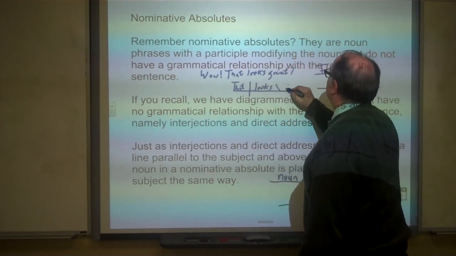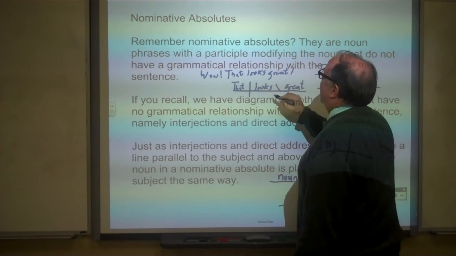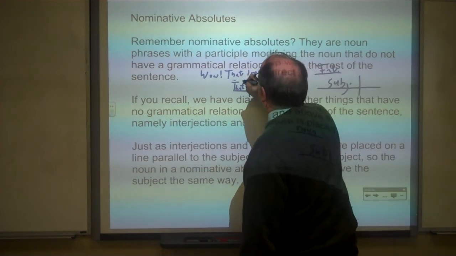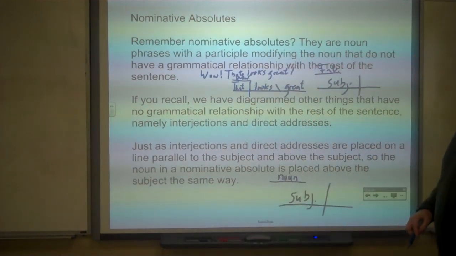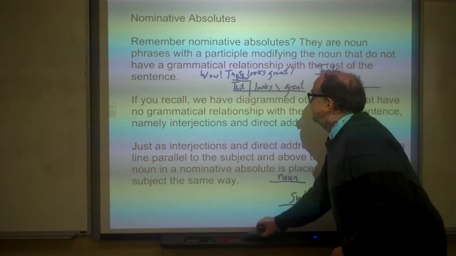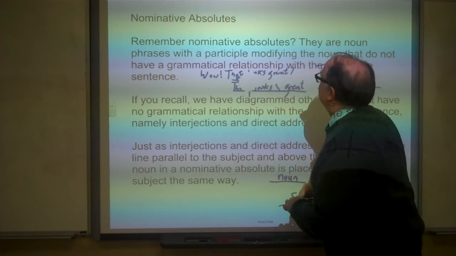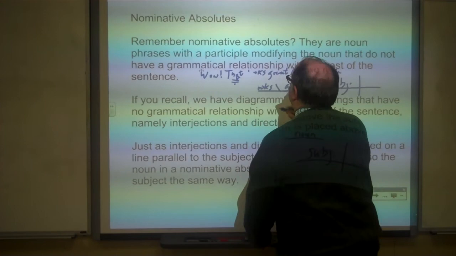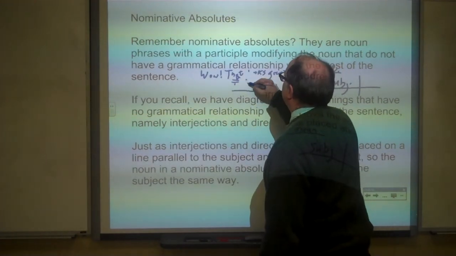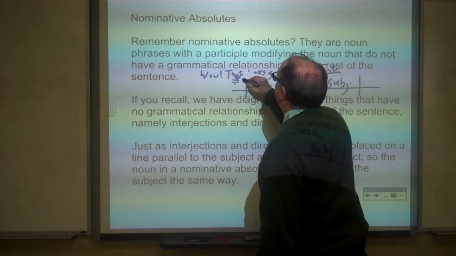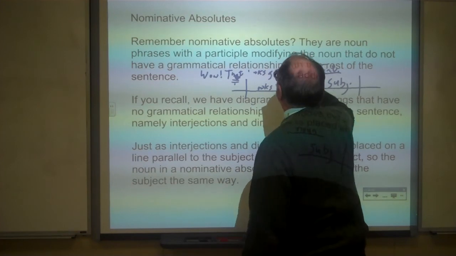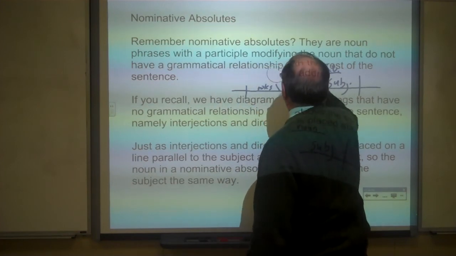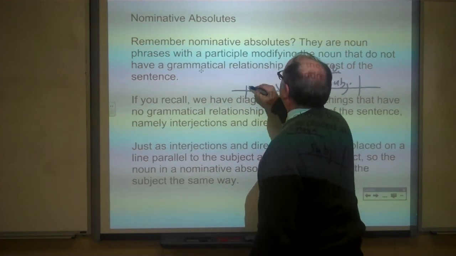Great is the predicate adjective. And then wow, we don't really have enough room for it. Wow would go above the subject on a separate line that shows it's not connected. I tell you what, let me just erase this whole thing. Okay, there we go. That makes it better.